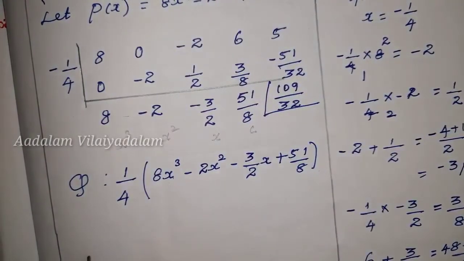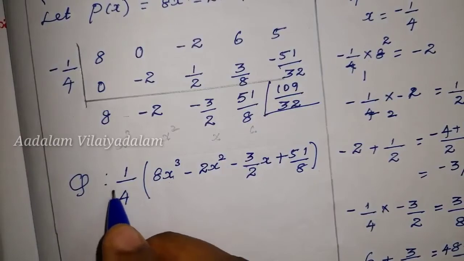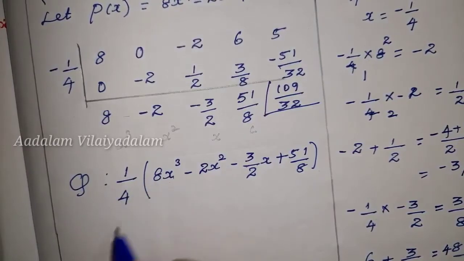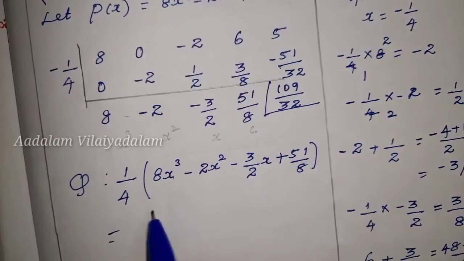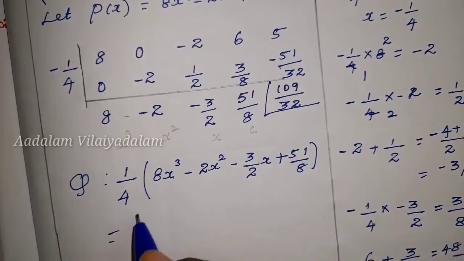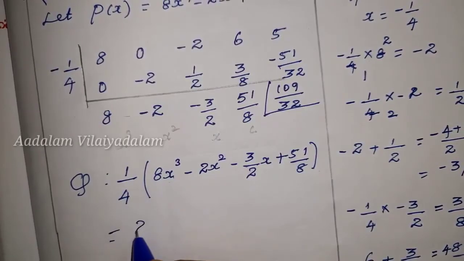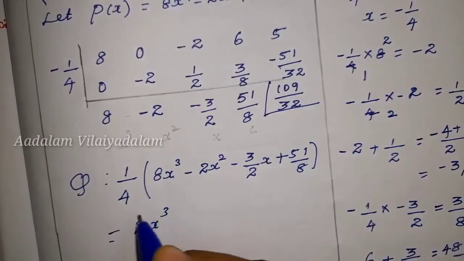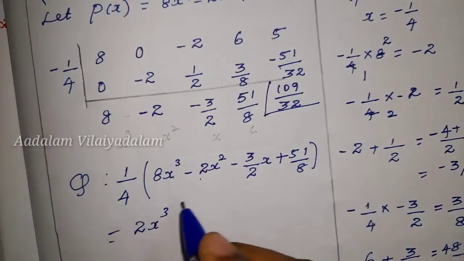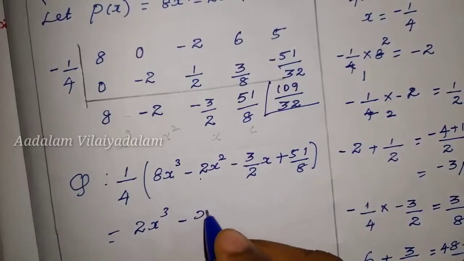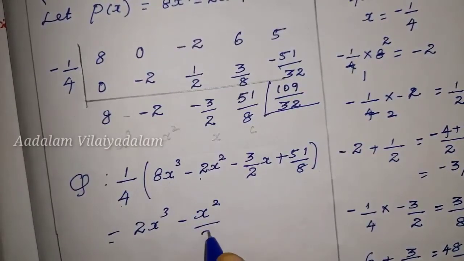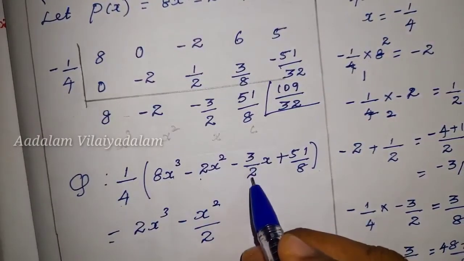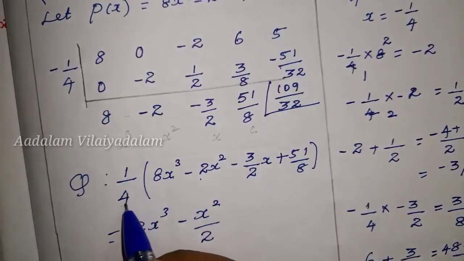Just multiply throughout: 1 by 4 into 8. So throughout the terms you multiply 1 by 4 into 8. So the first term is 2x cube. The second term, 2 4s are 8, cancels. The remaining term is minus x square divided by 2. Here minus 3 by 2 into 1 by 4.